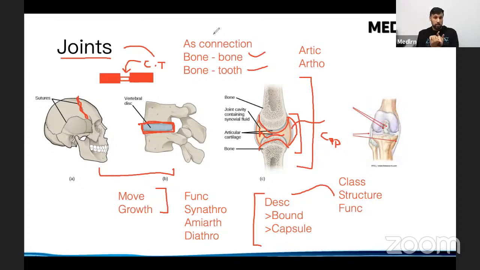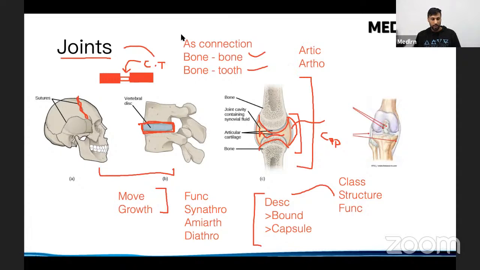A diarthrosis is a functional classification where there are huge amounts of movement, for example the shoulder joint. We can also classify them based on description. How does the joint look? This connection between a bone, and in between, is it solid? Does it have a capsule in between? That would be a structural classification.